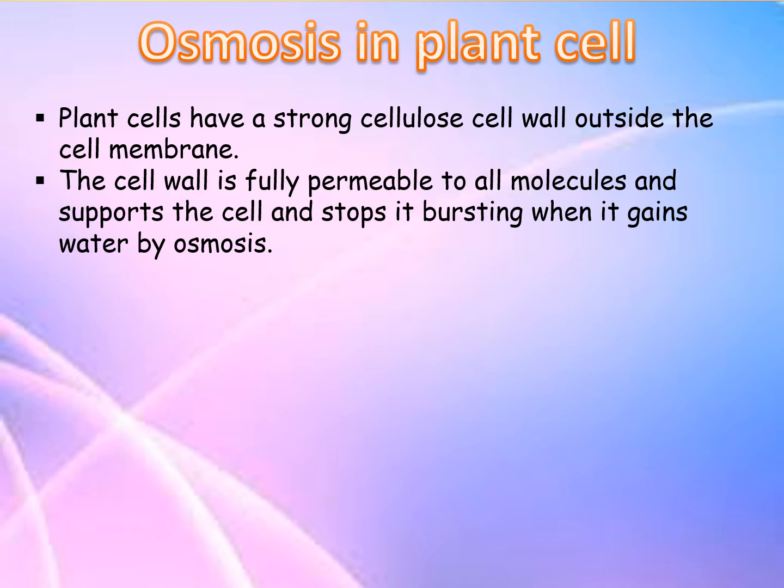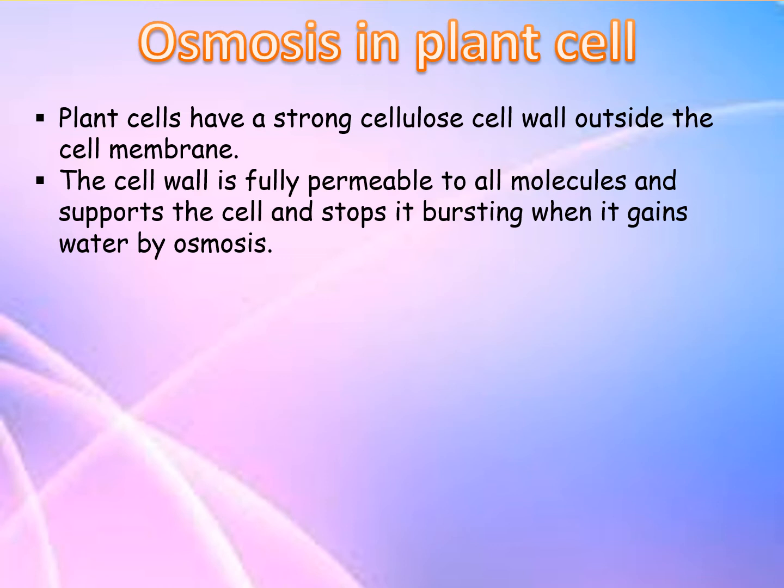The cell wall is fully permeable to all the molecules and supports the cell and stops it bursting when it gains water by osmosis. Around the plant cell is the tough cellulose cell wall. This outer structure keeps the shape of the cell and can resist change in pressure inside the cell. This is very important and critical in explaining the way that plants are supported.